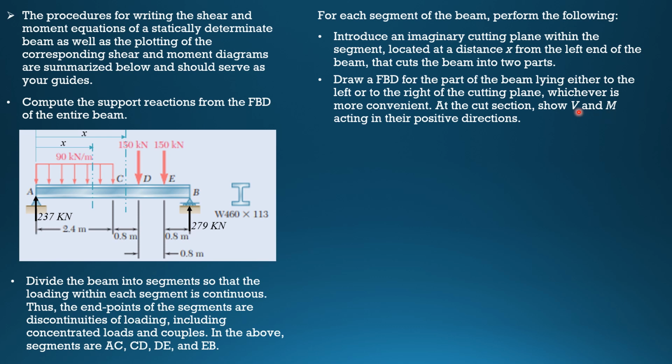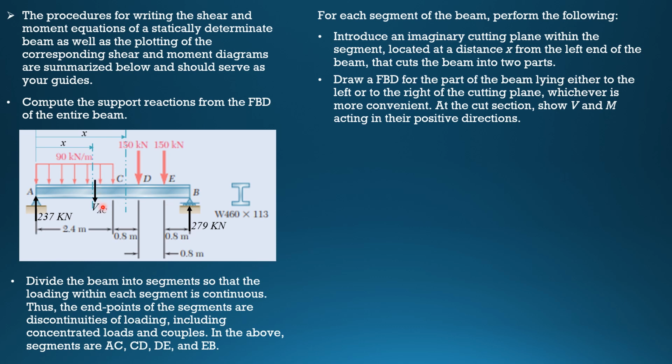Meaning, these shear and moment equations will be plotted later for values of x within segment CD. So it's not applicable for any other segments, only for segment CD. And we must define the range of values of x for that portion, for segment D also, and so on and so forth. It's like defining functions for shear and moment.